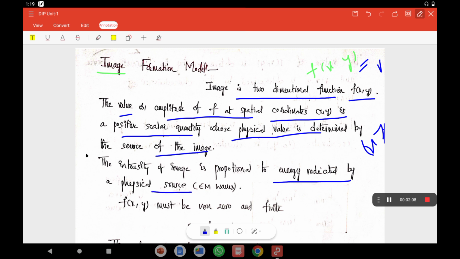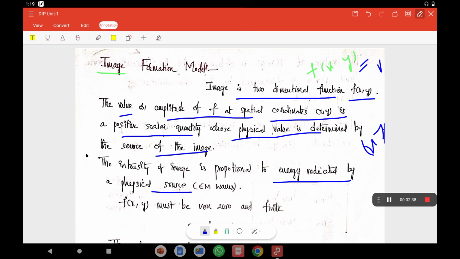Whatever light is incident on the corresponding object is reflected back, right? That reflection depends on the corresponding source of the light only. So intensity is directly proportional to the source of the light or any waves.